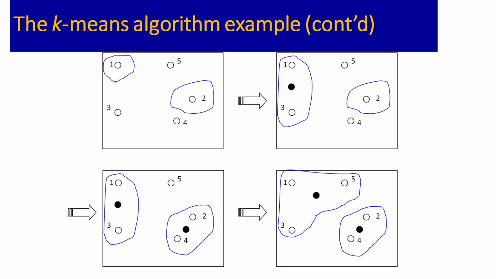Then you put one center here, measure distance from 1 and 3, and they become one cluster, and then you put another center and see that 2 and 4 belong to the other cluster. Instead, if k is 2, you can put this centroid here and the distance will be similar. Then you have 2 clusters, but assuming that may be wrong, because you can clearly see there are 3 clusters here. That is the problem of k-means clustering.